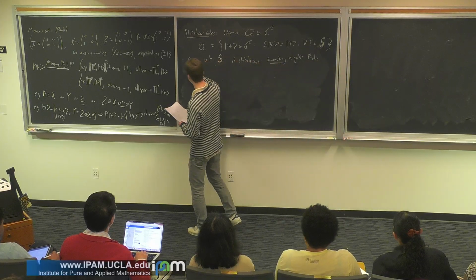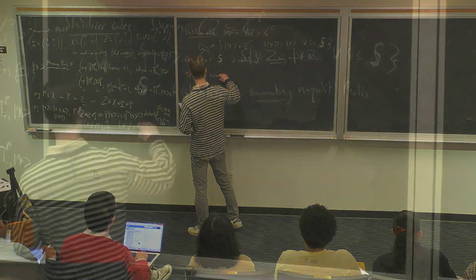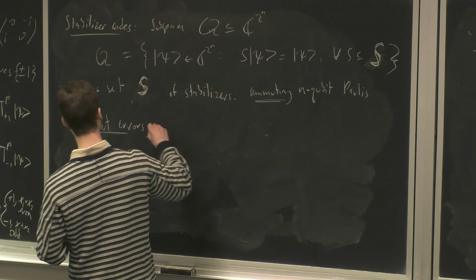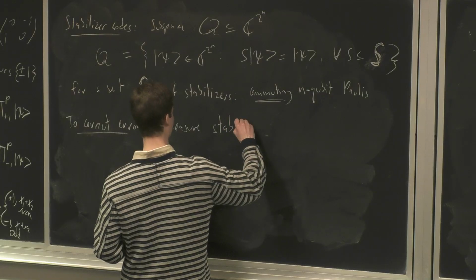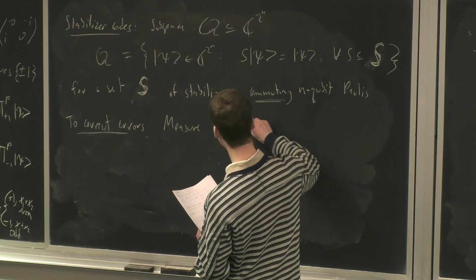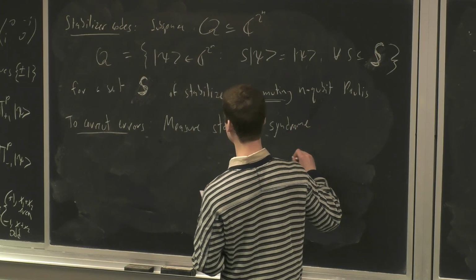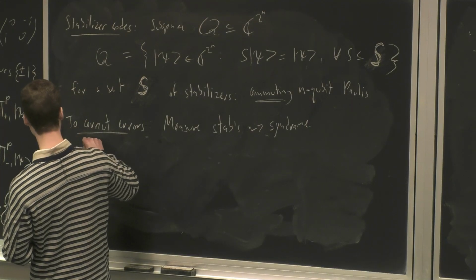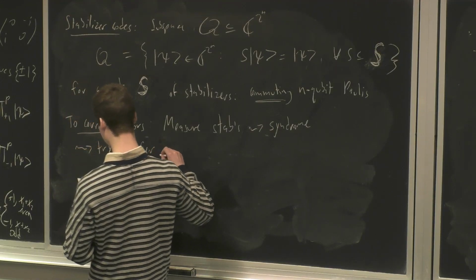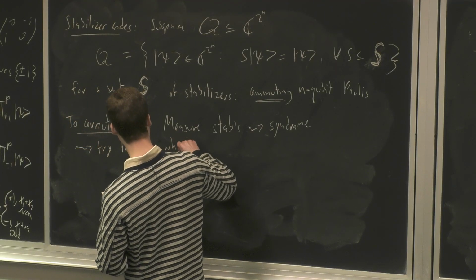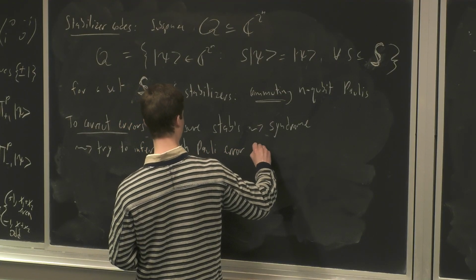So in general, to correct errors, we just measure stabilizers. This gives us a syndrome. And then from this syndrome, we try to infer which Pauli error occurred.